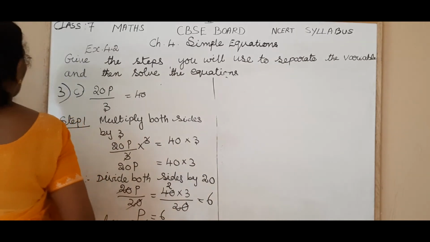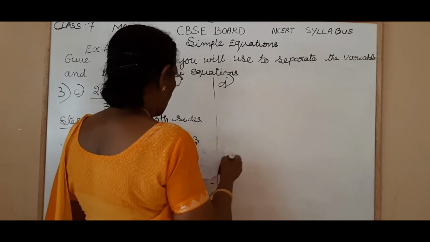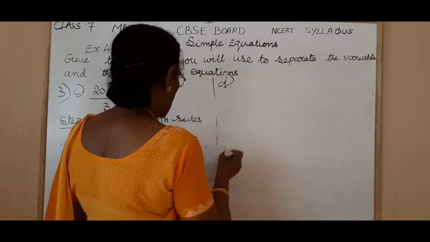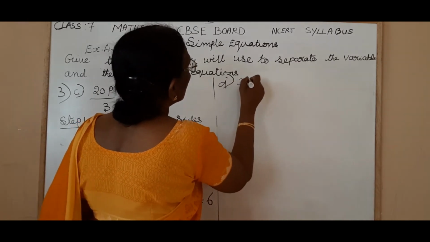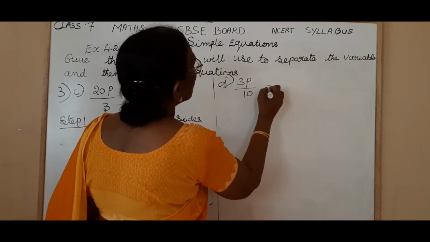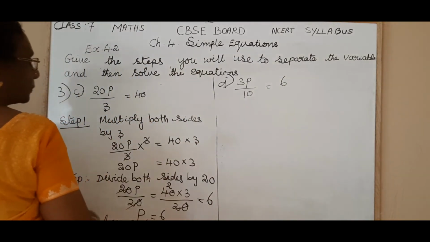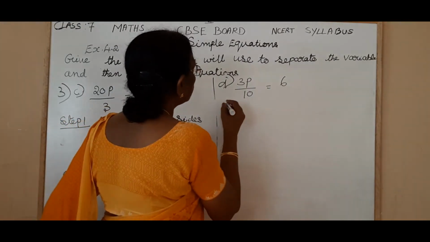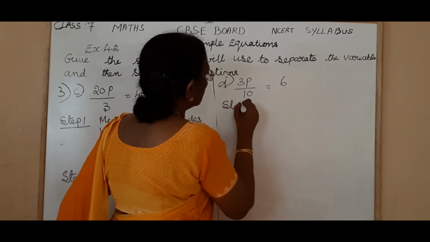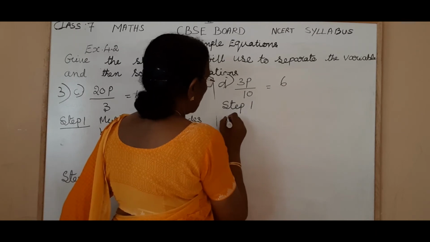Now sum number D. 3p by 10 is equal to 6. The same model, isn't it? So what is the first step? Multiply.